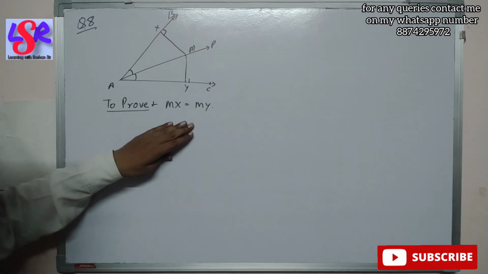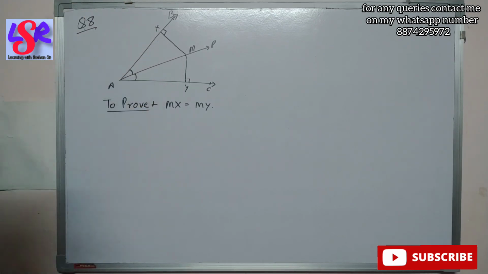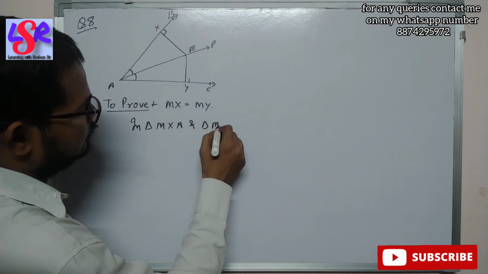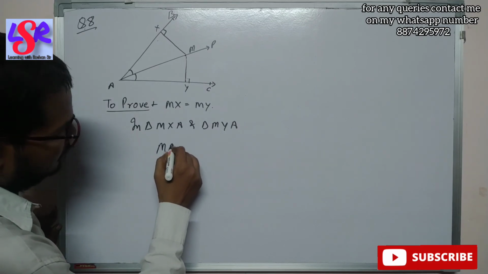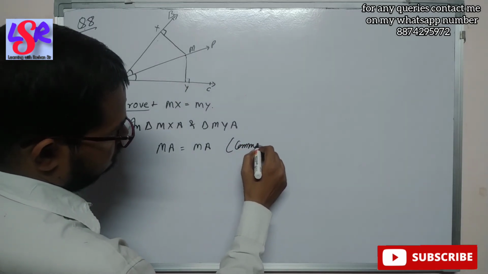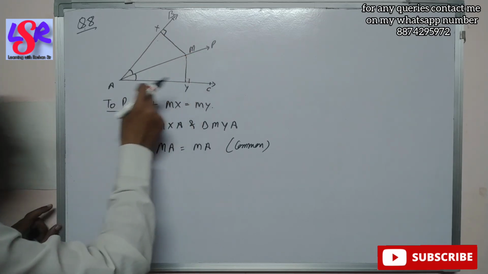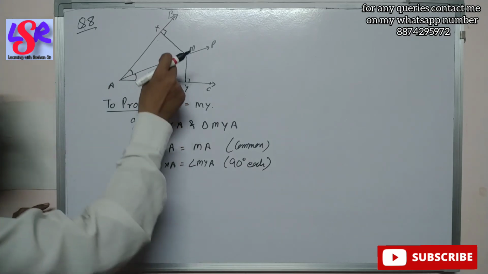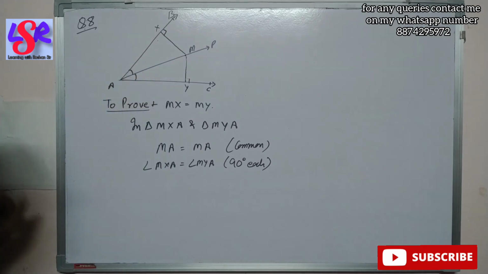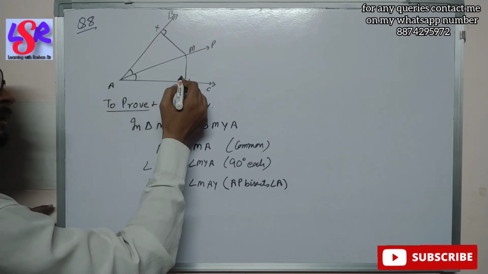Now to prove this, we are going to take the triangles MXA and MYA and prove them congruent. So in triangle MXA and triangle MYA, here MA equals MA, common. Then angle MXA will be equal to angle MYA, 90 degrees each, and angle MAY will be equal to angle MAX because AP bisects angle A. Now while proving these two triangles congruent, we have used this angle and this side.